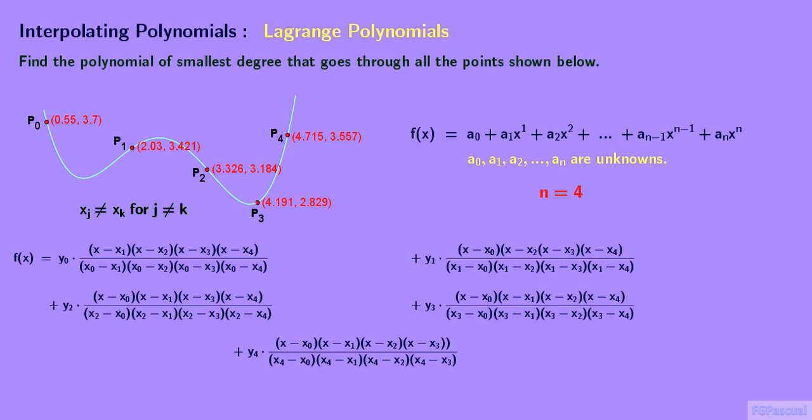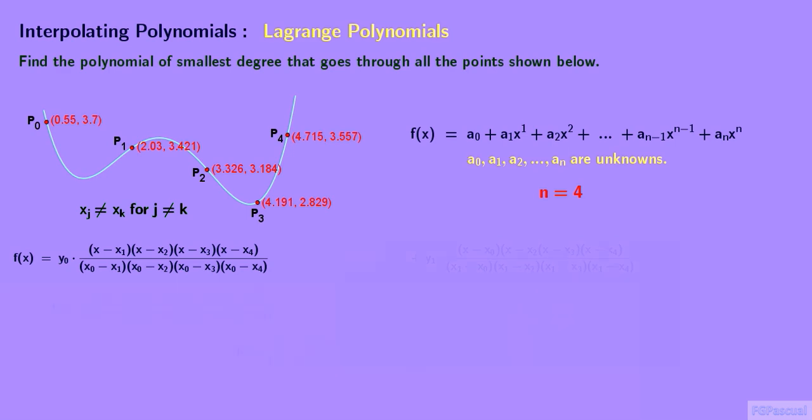So let's start plugging in values into the different fractions, starting with the first fraction. We lead off with y sub 0, the y coordinate of p sub 0, and so we have 3.7. The first factor in the numerator is x minus x sub 1, or x minus 2.03.